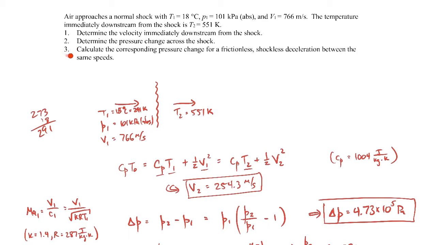Now part 3 is calculate the corresponding pressure change for frictionless, shockless deceleration. This basically just means look at it for isentropic conditions between the same speeds. So we're going to do this between the same speeds here.